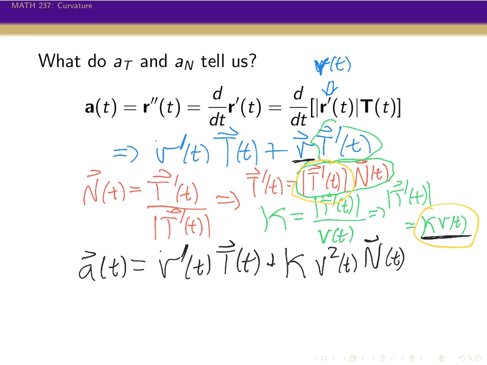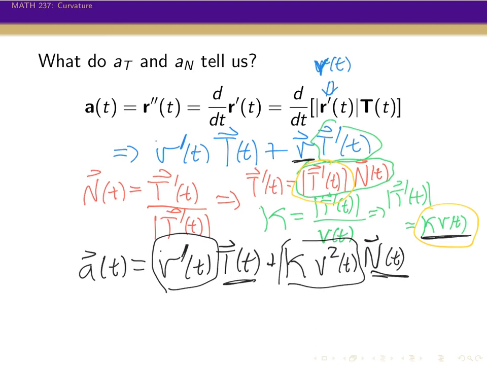And so here you see we've written our acceleration as a scalar times the unit tangent plus another scalar times the unit normal.